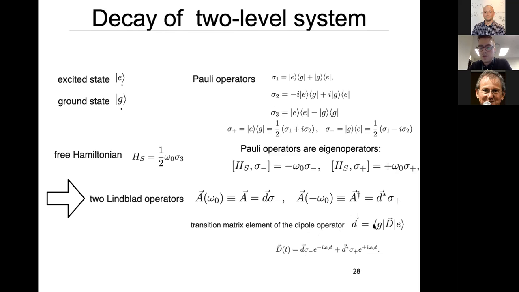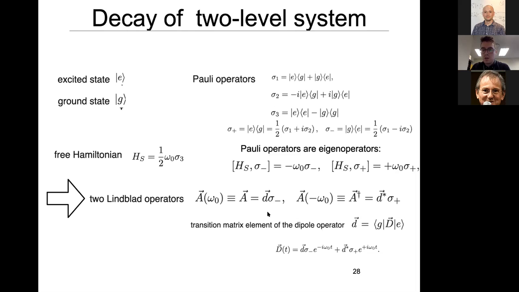And so the way that you can then show that these Pauli lowering and raising operators are the only two eigenoperators in this example is you can just recall the formal definition of these eigenoperators that I introduced previously.